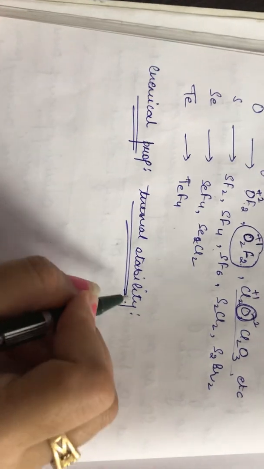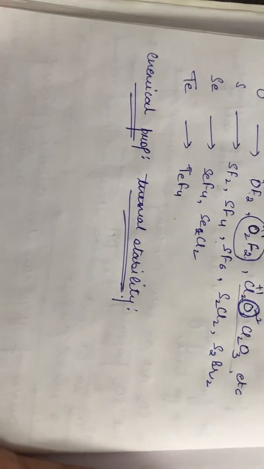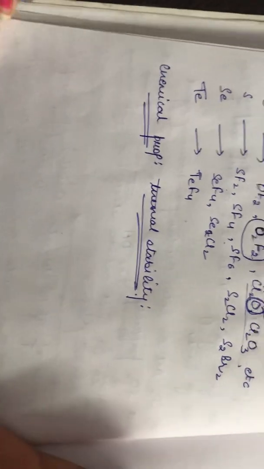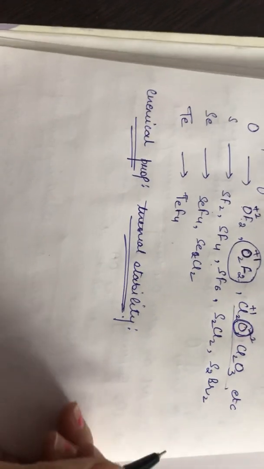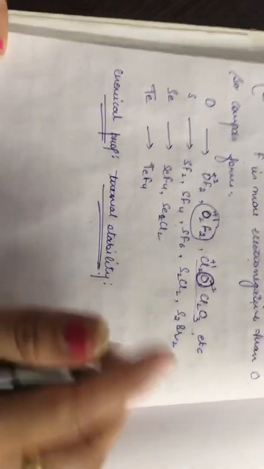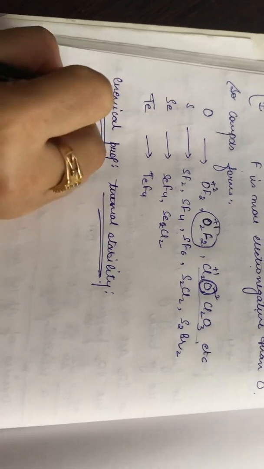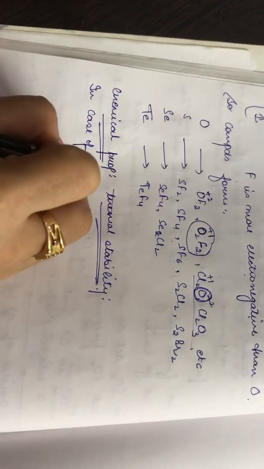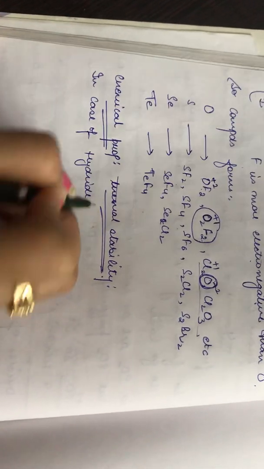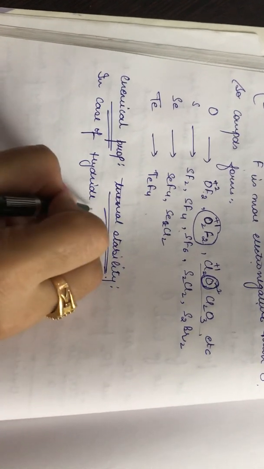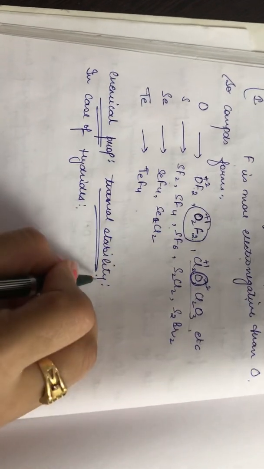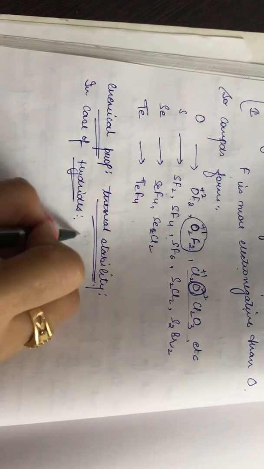So if we have to arrange according to increasing order of the thermal stability of group 16 elements, in case of hydrides, what will the order be?